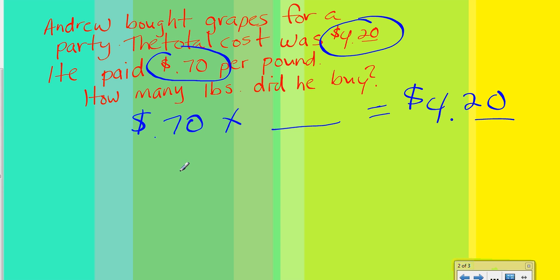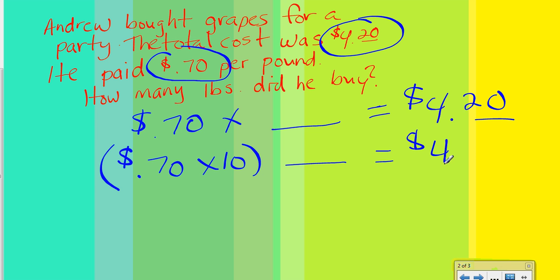So, if we multiply this quantity by 10, that's going to help us move that decimal place. Let's put $4.20 and multiply it by 10. You can see that it takes that number out.